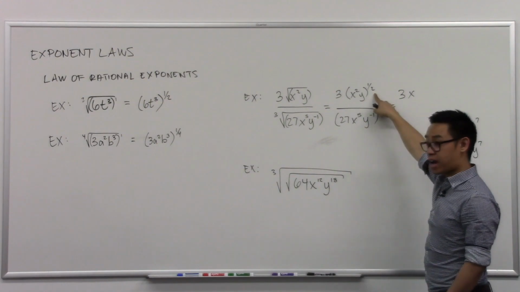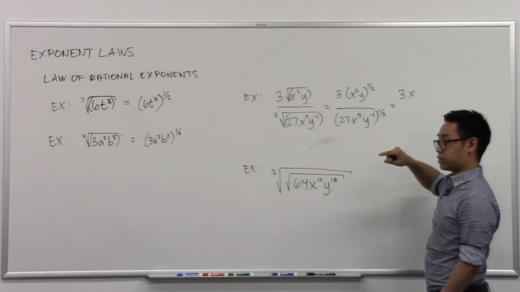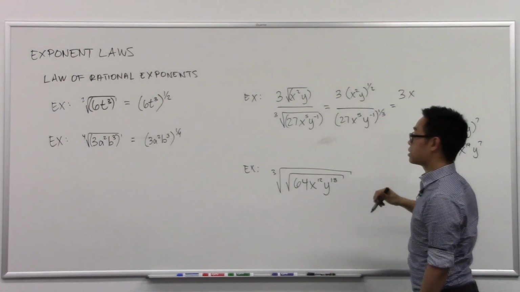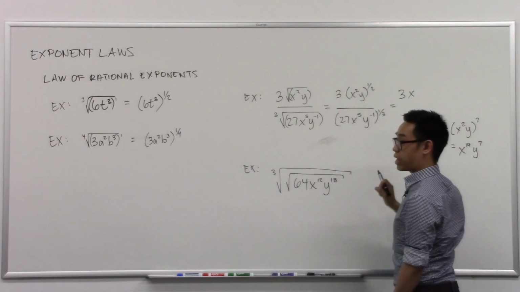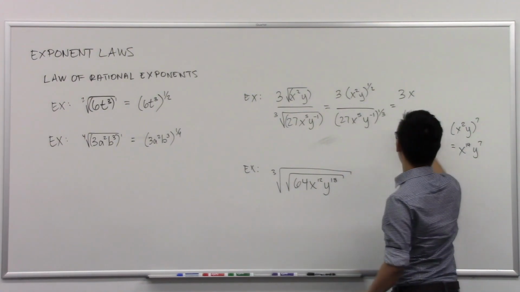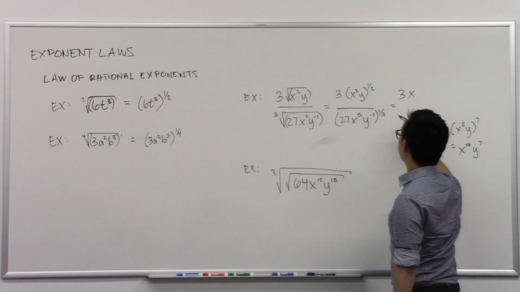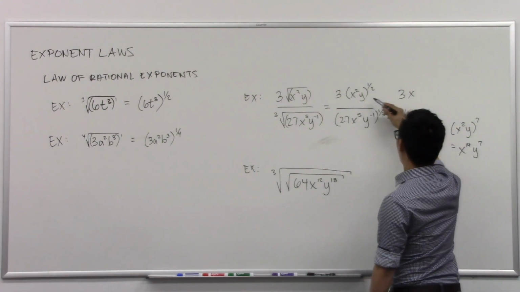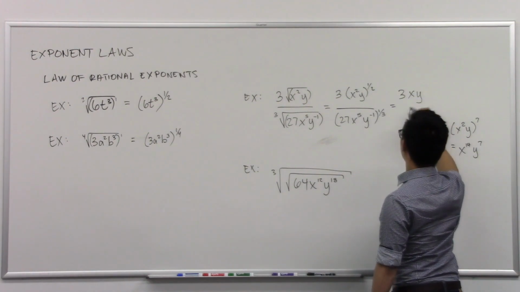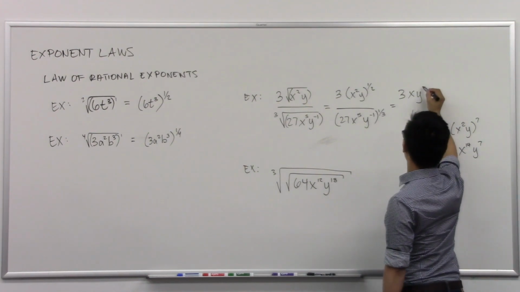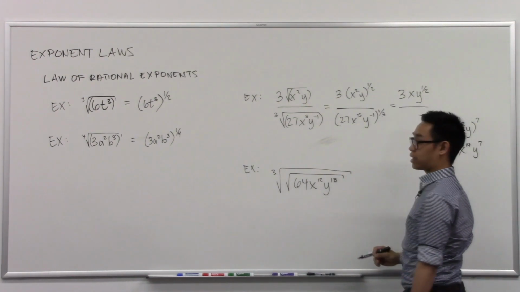Just because it's a 1/2 doesn't mean you do anything differently. You multiply the exponents. So on your calculator, 2 times 1/2, well, if you have 2 halves, you have a whole. So it's x to the 1. Then you have y to the 1/2 times 1, so y to the 1/2, like that, okay?